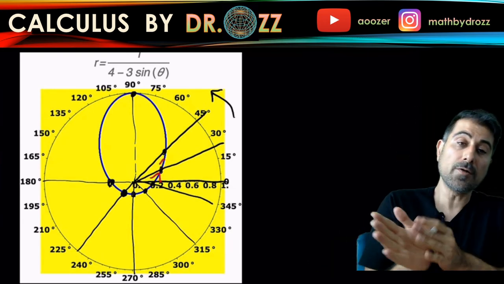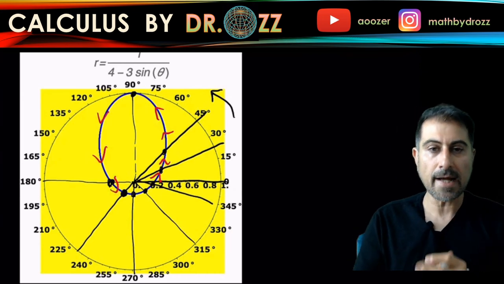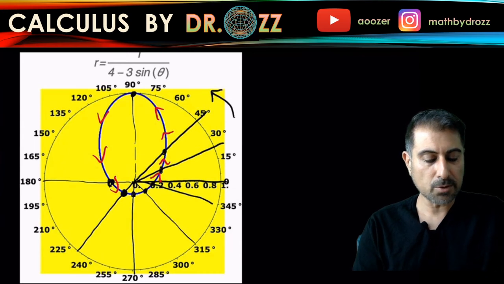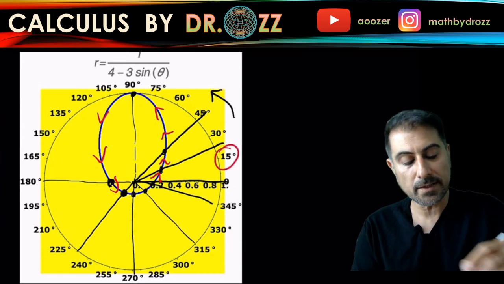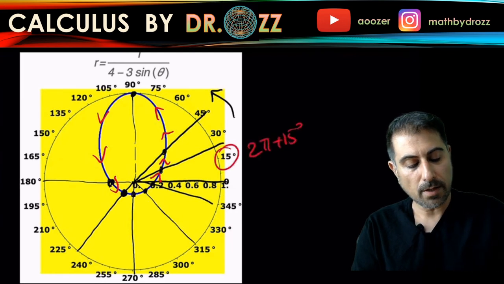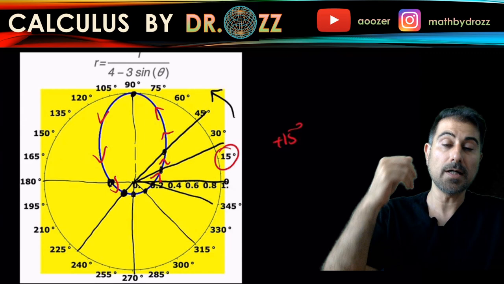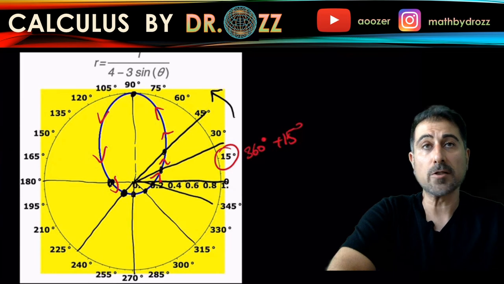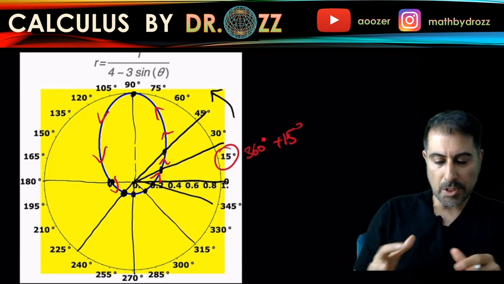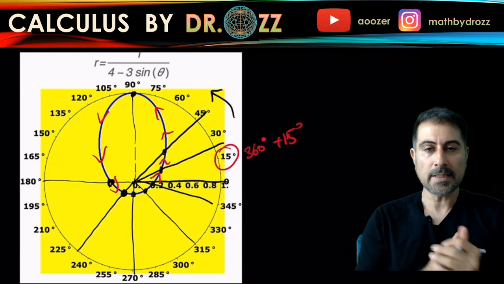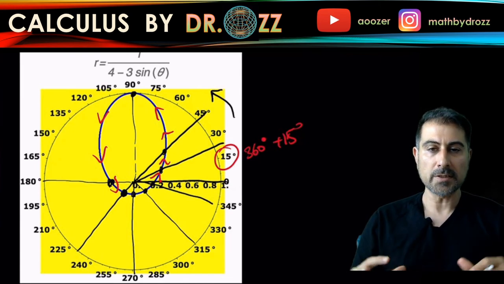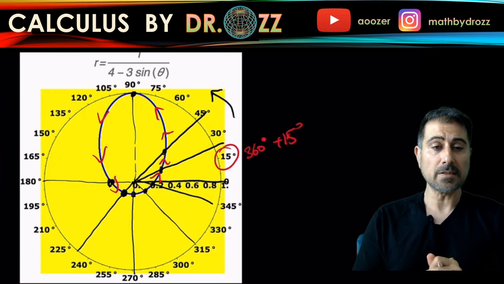Starting from 2 pi going forward, you'll have a repetition of the graph, because 15 degrees would become 2 pi plus 15 degrees, or 360 degrees plus that, and sine takes the same value as sine 15 degrees because sine is a 2 pi periodic function. So please use this information from trig that sine and cosine are both 2 pi periodic functions, and we're using the power of that knowledge to answer the question being asked.